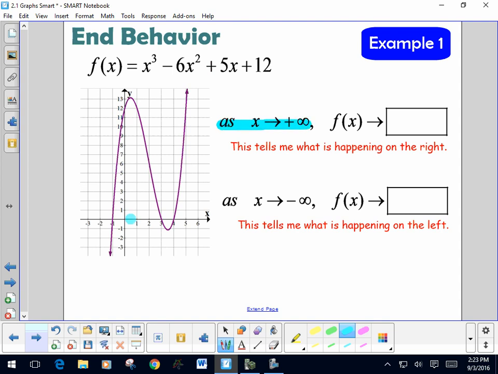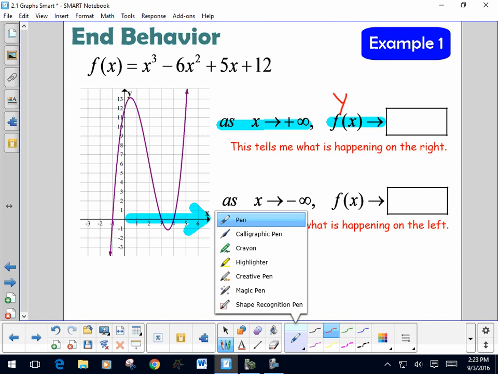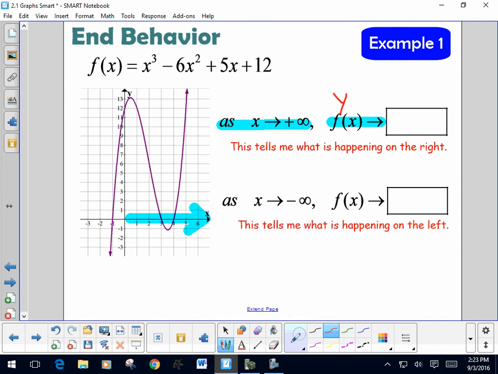Well, that's saying as you go towards bigger and bigger x values, so as you go to the right, f of x approaches, and remember f of x is a y value, so we have to think about what the y value in this function is doing as we go farther and farther to the right. And in this case, the function is growing. It's going upwards very, very rapidly. The y value is approaching positive infinity.